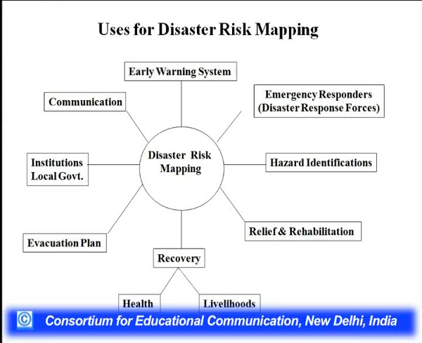They can use this. We can use such type of mapping for hazard identification. We can use it for communication. Such a map can be used by the institution or local government for prioritizing the problem, because we have many problems and we have limited resources, so we have to prioritize the problem.